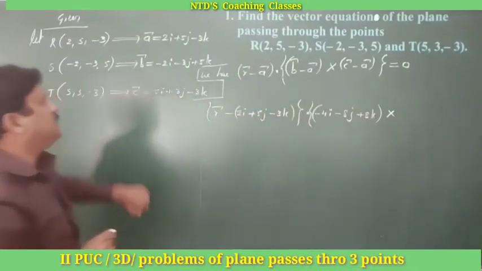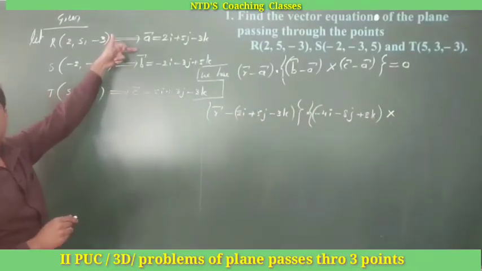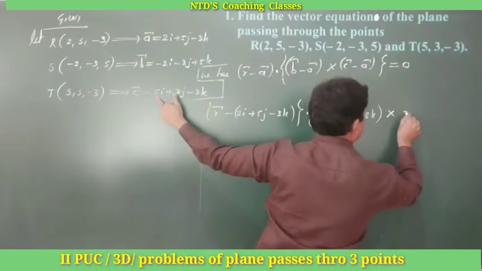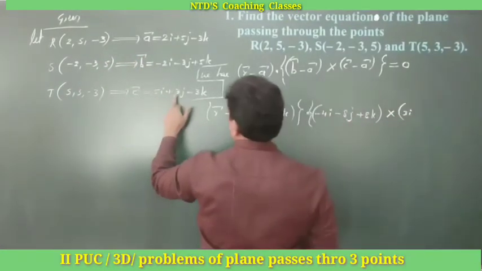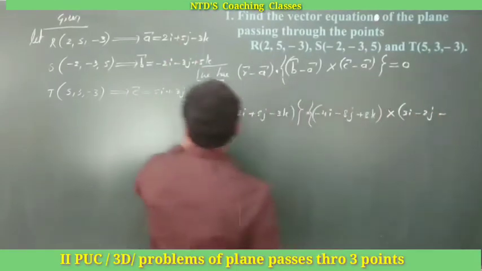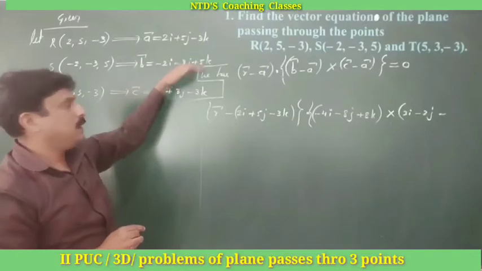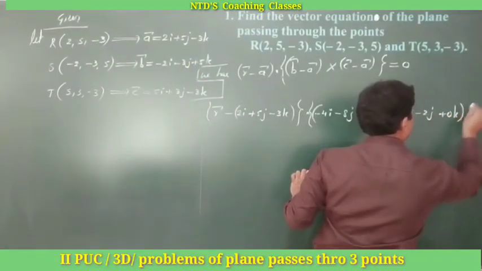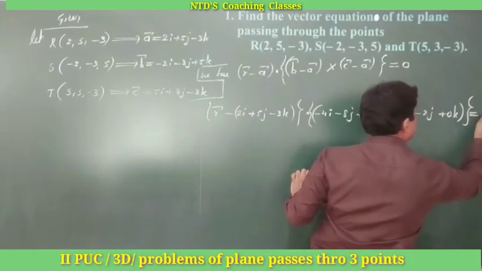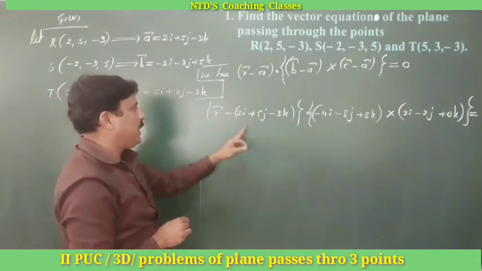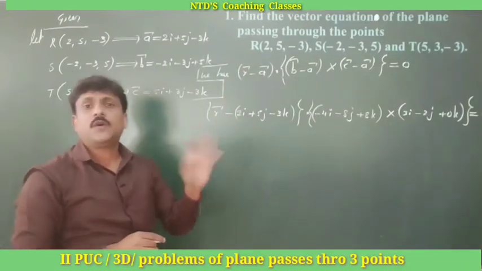C minus A, from C to A subtraction: 5 minus 2 is 3i, 3 minus 5 minus 2j, minus 3 plus 3 is 0k. Bracket and flower bracket equals 0. So this is the required equation of a plane in vector form.